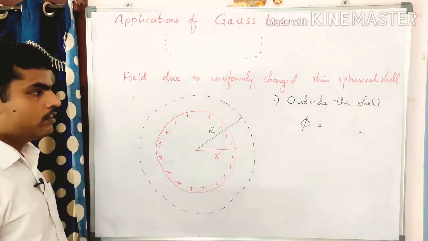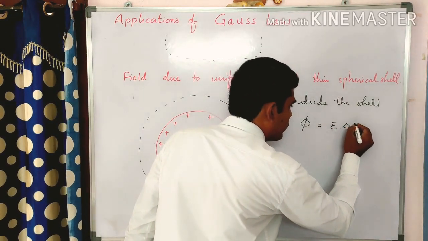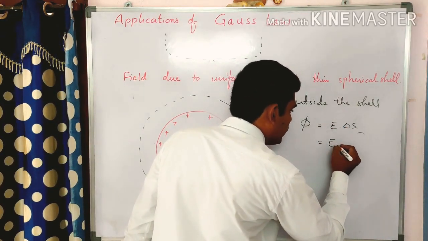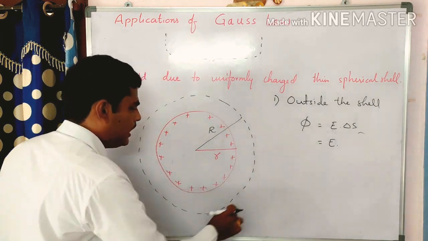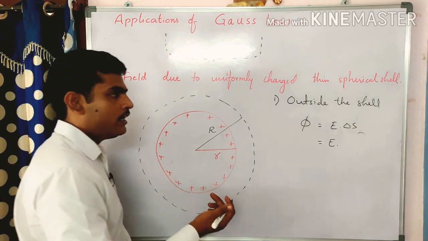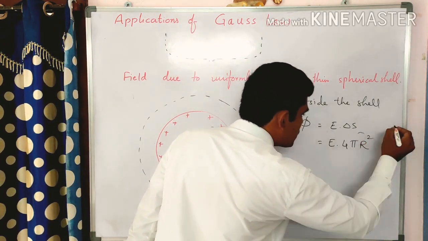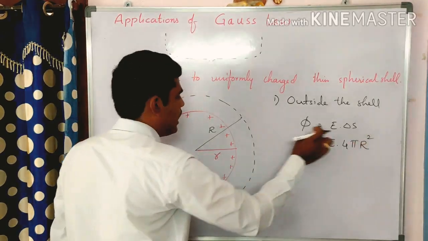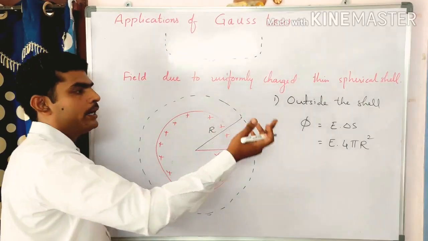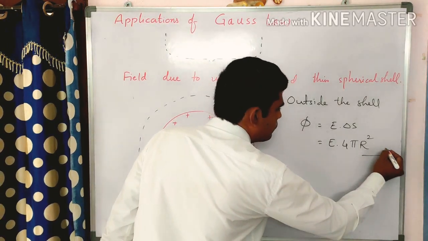Phi is equal to E into delta S. What is the surface area of this sphere? It is 4 pi r square, with capital R for the sphere we are taking. This is the flux.